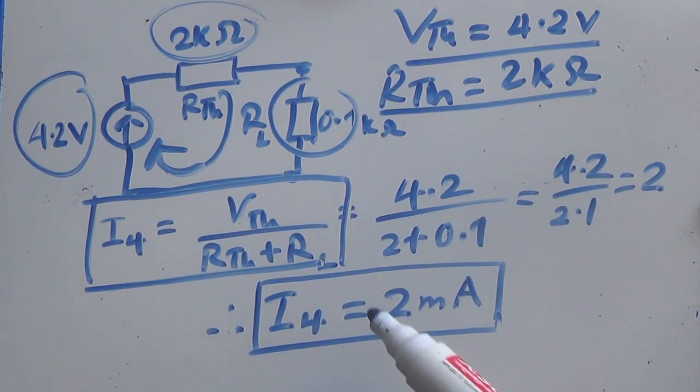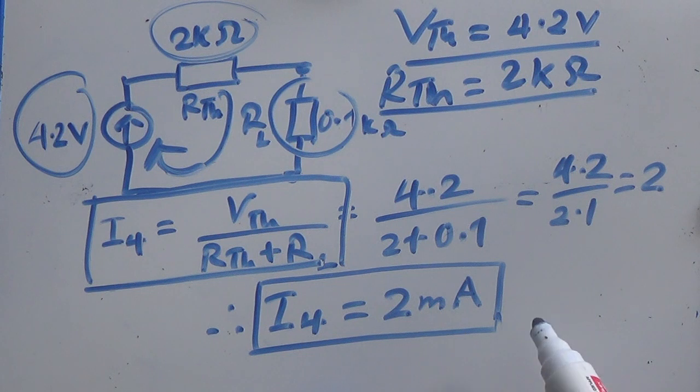I hope you have got something out of this. Try finding the same current using the superposition principle, that is isolating the current source out or taking the voltage source out.